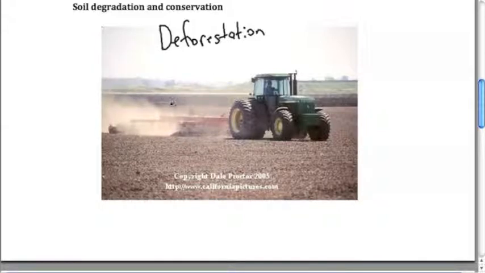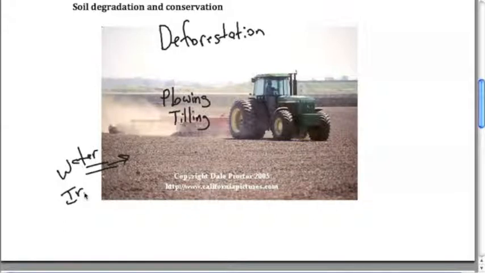The basic one you see in the picture here, we have plowing going on. You can also call this tilling in the soil, and that's going to simply turn the soil over and kind of expose it up to the top. Farmers also have a lot of times they will pump water into the soil, and they'll use this for irrigation.